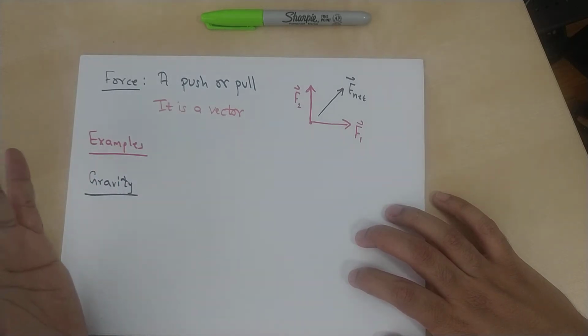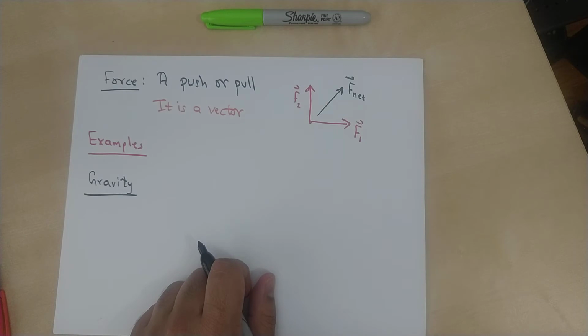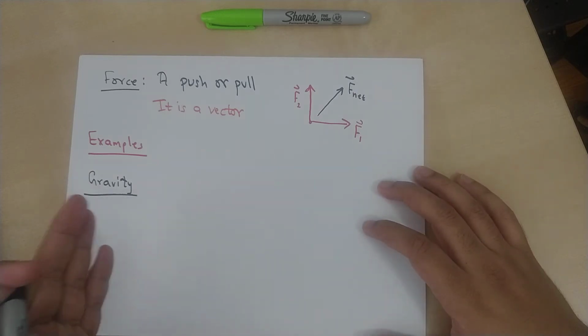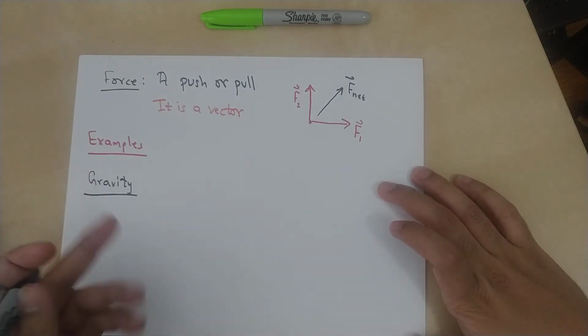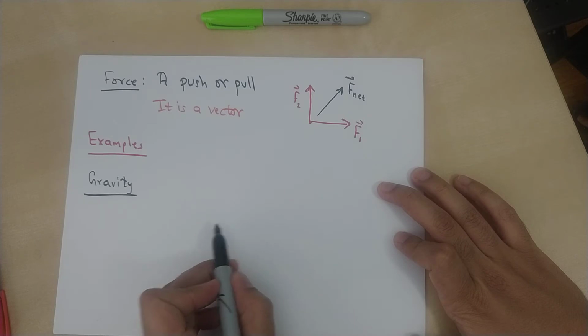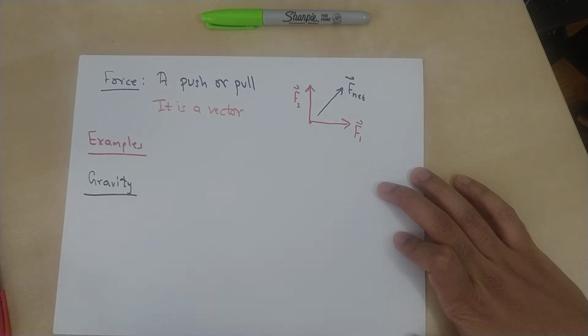Gravity is a non-contact force, so forces can be non-contact or contact forces. If you throw an object in air, or a satellite in space, it does not have to be in contact with the planet to experience the force of gravity.